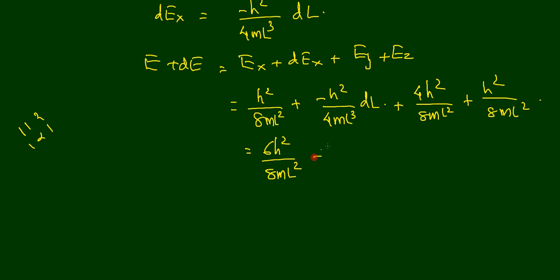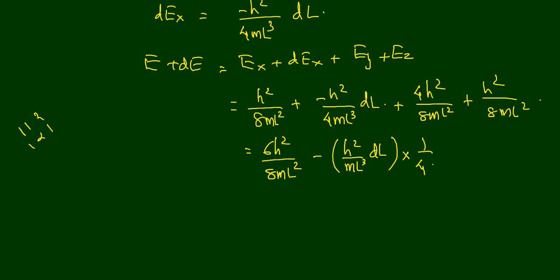Okay, minus h square by ml cube dl divided by 4, right? H square divided by ml cube, okay, dl divided by 4. Okay, so into 1 by 4. You can write like into 1 by 4. So this is the new energy.